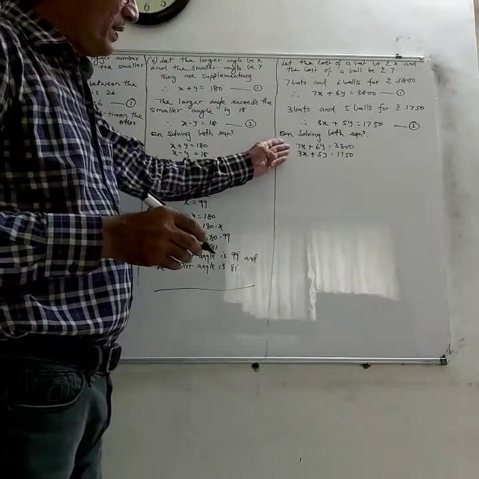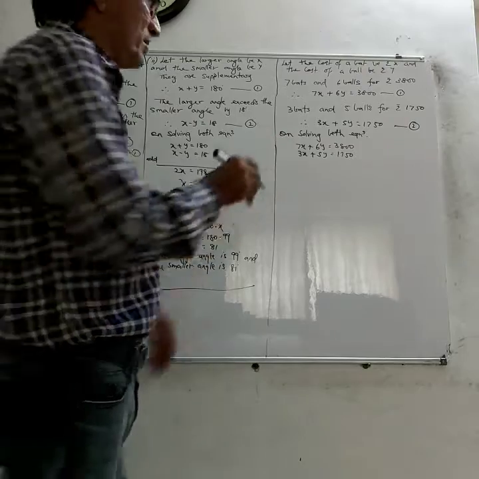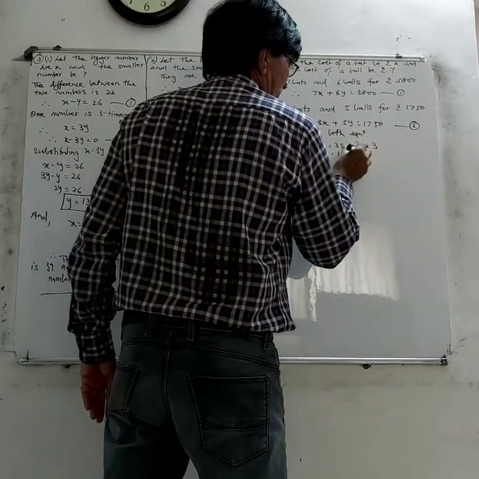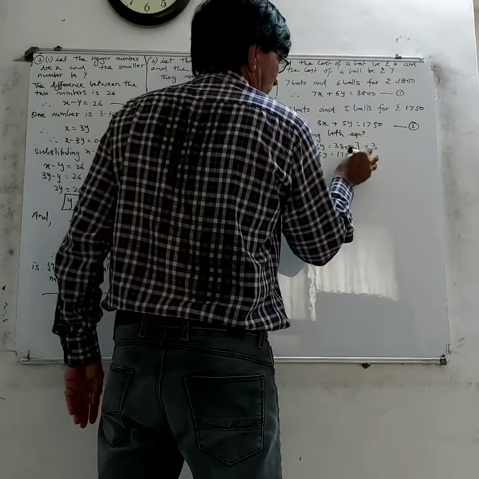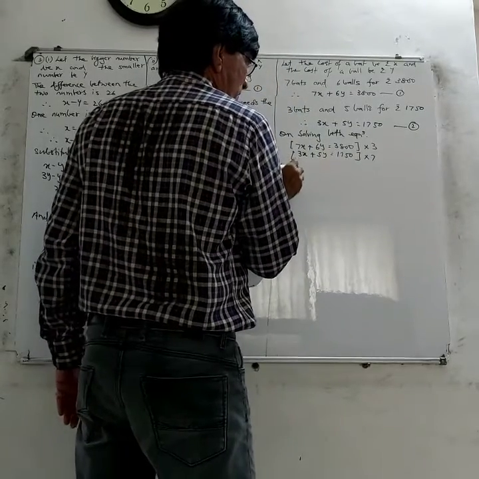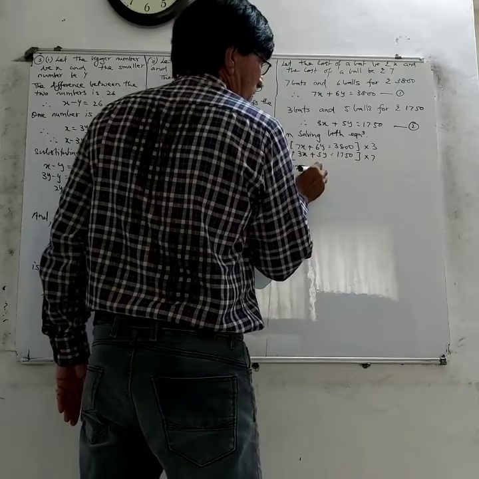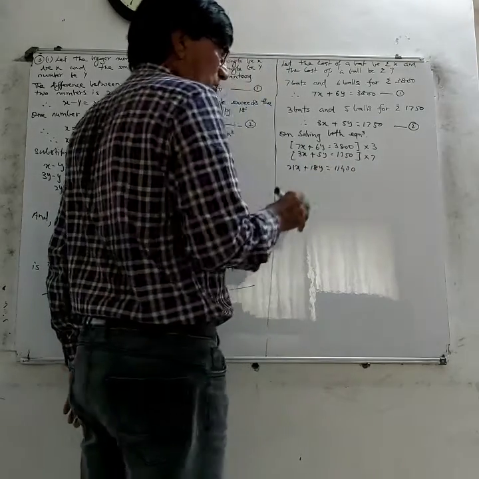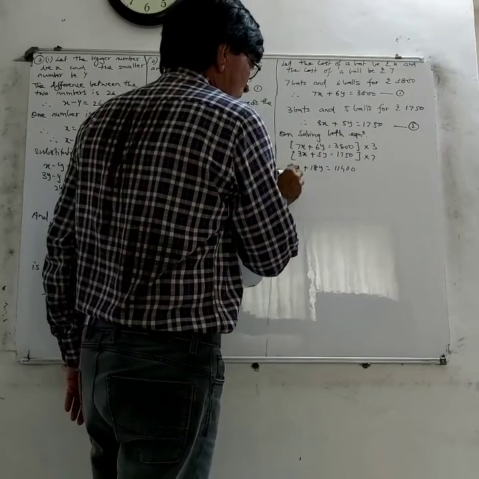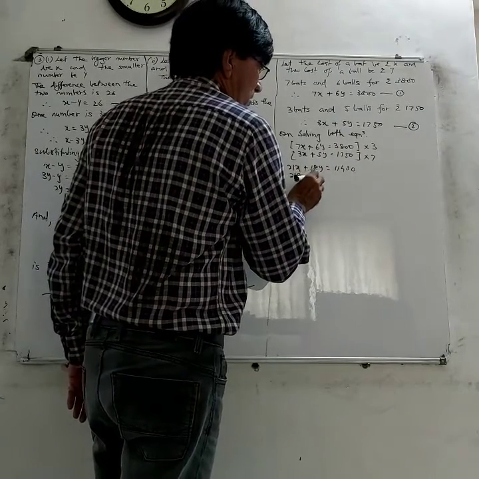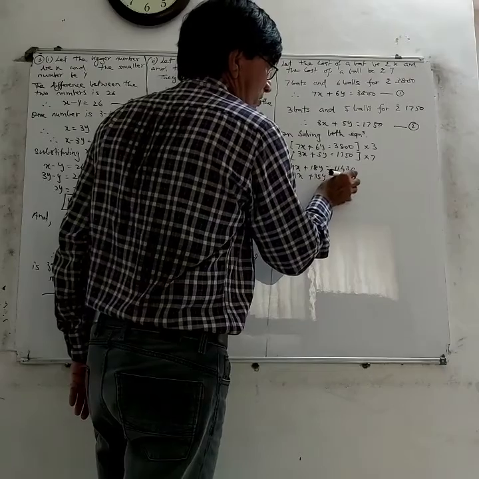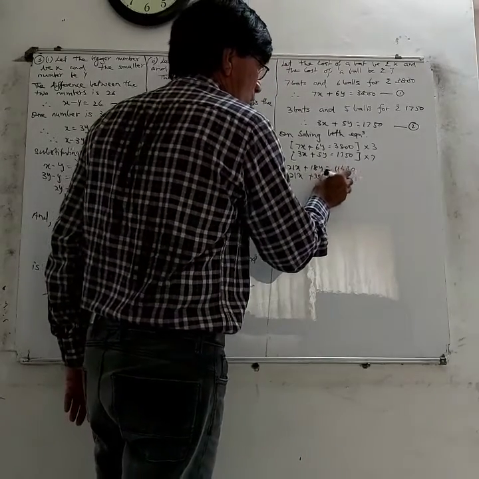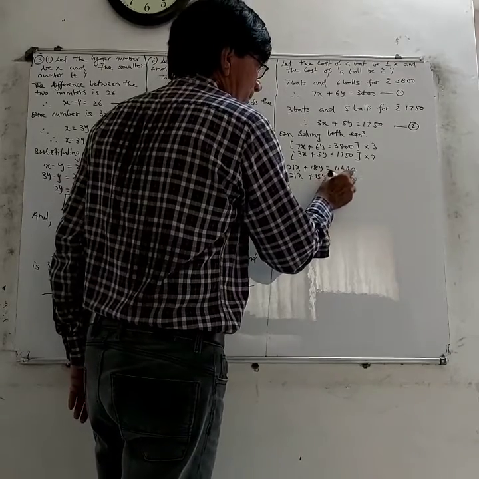Now if I multiply the first one by 3 and the second one by 7, I get 3 7s are 21x, 3 6s are 18y, 3 3800s are 11,400. Multiplying the second, 7 3s are 21x, 7 5s are 35y, 7 1750s are 12,250.